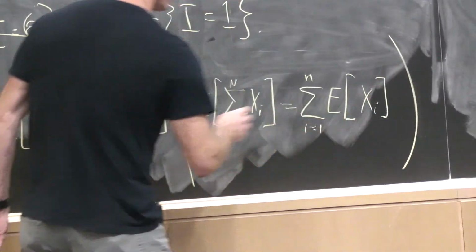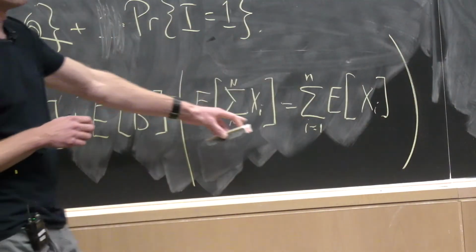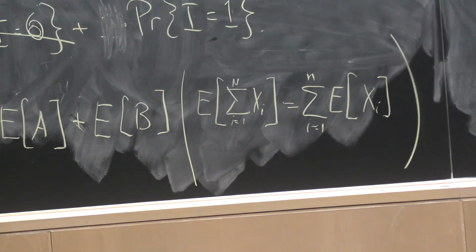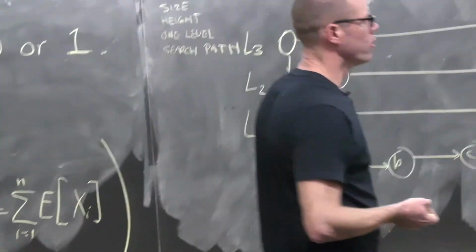This is just the case when the sum has two terms, but in general it works this way. All right, so let's try to use these three things to prove something.